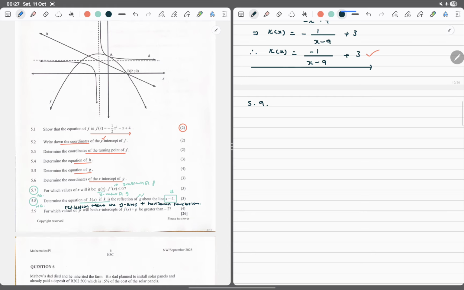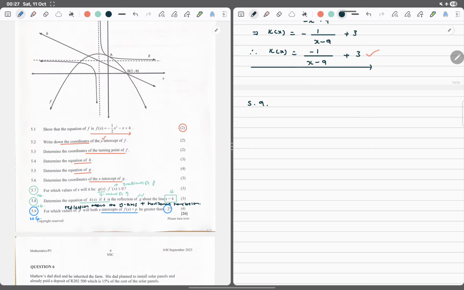Okay, says for which values of p will both x-intercepts of f plus p be greater than minus 2. Okay. This is again another higher grade question, guys. So here a student was just hit with a stone on the face. Okay, so what are we supposed to do with this?